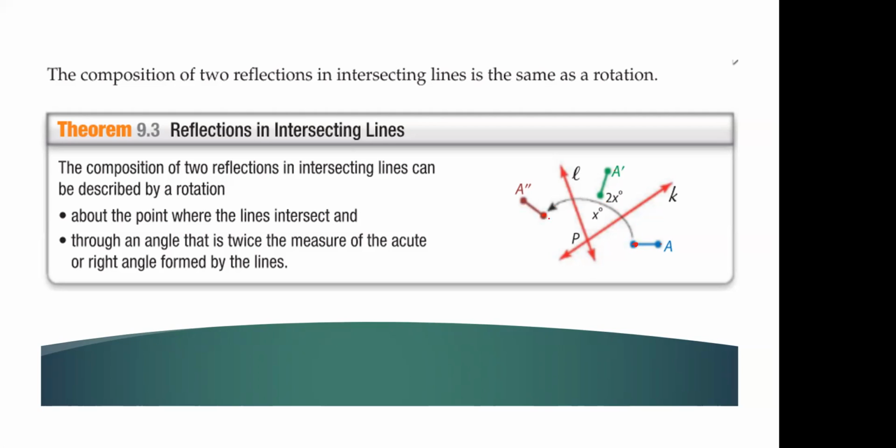And then you have these intersecting lines, and you'll be given one of the values. So if you're given the degrees that the two intersecting lines make when they cross each other, from the original point to the final point, you would multiply that degree by 2, because this has moved twice, right?